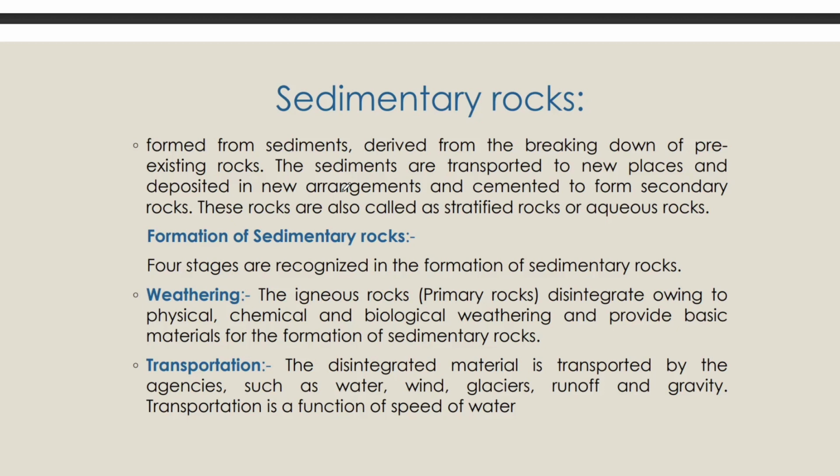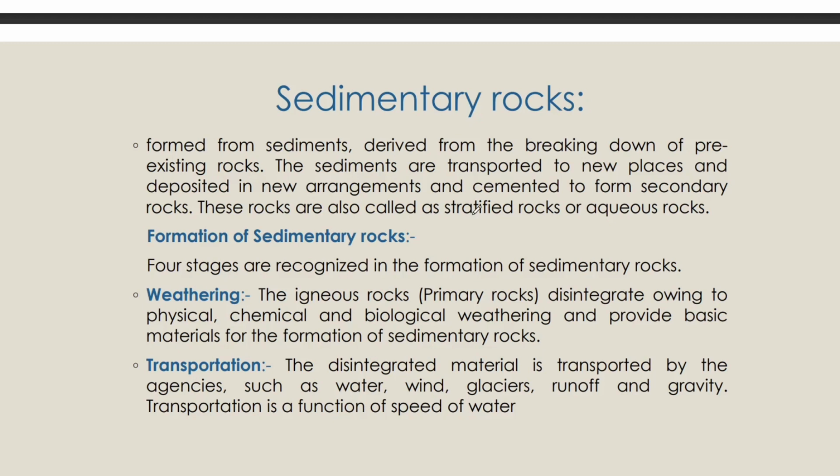They are called secondary rocks. These rocks are also called stratified rocks or aqueous rocks. Aqueous means it is transported by water. So that's why they are called aqueous rocks. And stratified means they are condensed or cemented from one place to another.